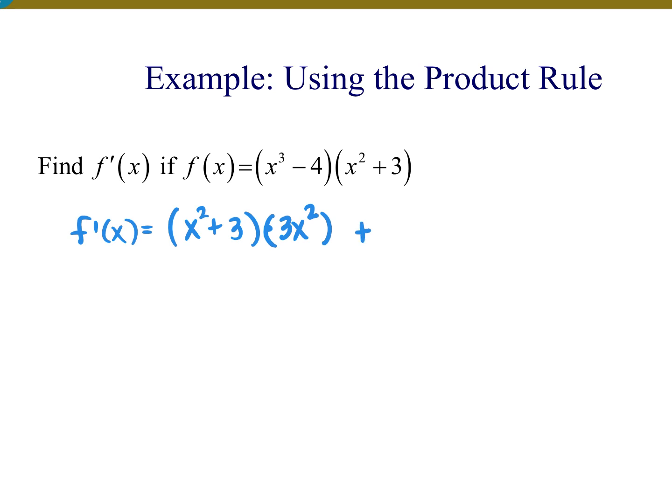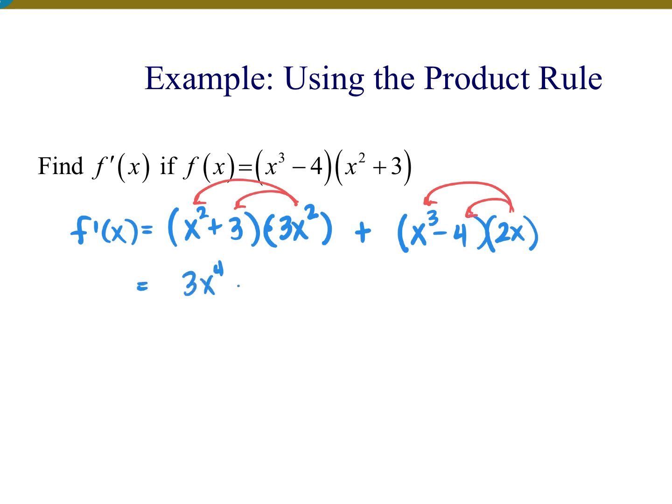Then we'll add to that, and we'll use the cubic piece, x cubed minus 4, and then we will multiply that by 2x. And then we do our distributing of each of those, and then we clean up if we have any like terms. So I'll have 3x to the 4th plus how much? 9x squared, good. And then plus 6x cubed minus 8x.